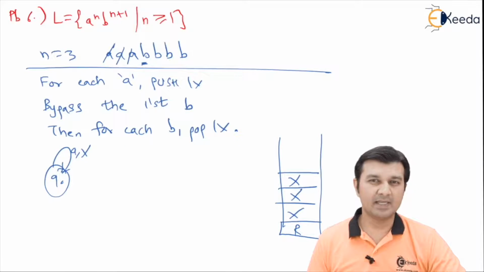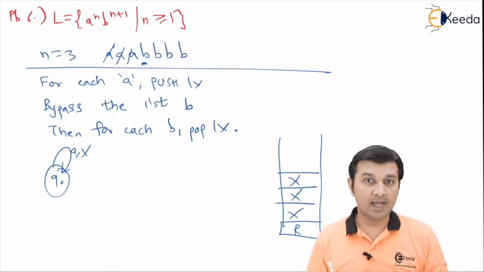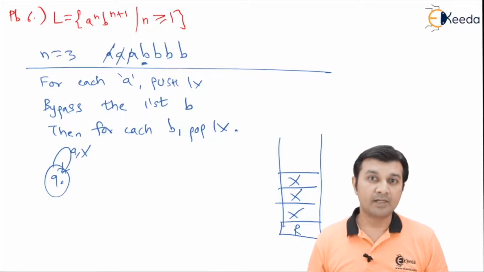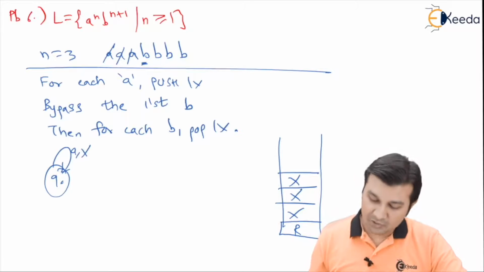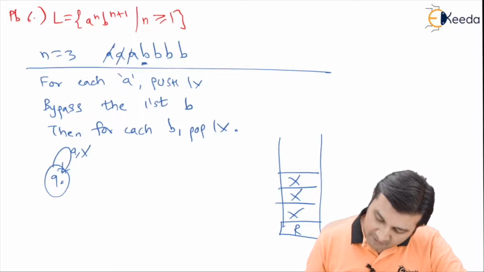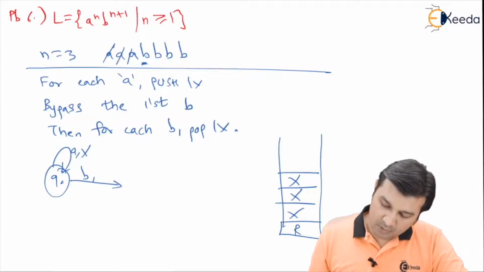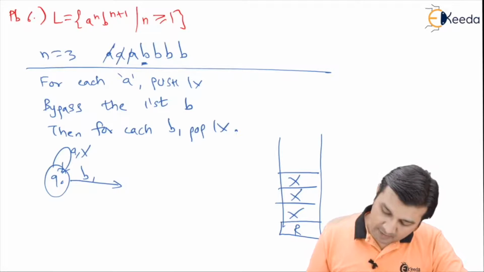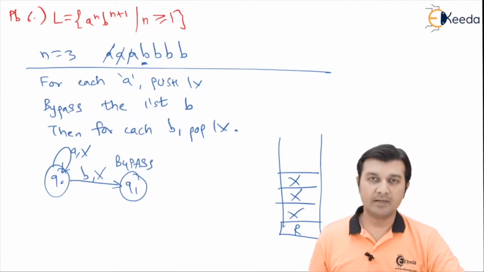Bypassing basically means do not do anything on the stack, just remember that I have to eliminate the first b, or not consider the first b. And how am I going to remember that? With a state transition. So the moment I get the first b, I keep the stack as it is, and go to a new state, and this is my bypass state.